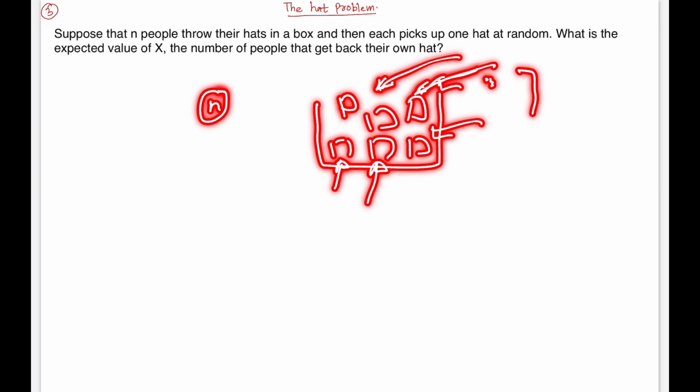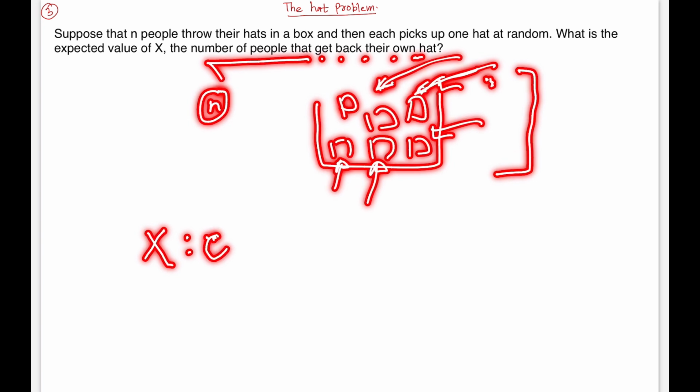Now for this particular experiment we have this random variable X, defined as the number of people that get back their own hat, right? So maybe none of the persons will get their own hat back, so random variable X will take the value 0.